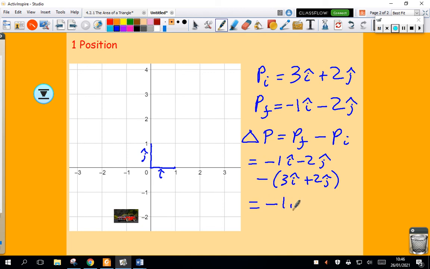So I've got -1 i hat minus 2 j hat, subtracting the 3 i hat and subtracting the 2 j hat will leave me with a change in position of, just like junior cert algebra, we combine like terms. -1 i hat subtract 3 i hat is going to be -4 i hat. -2 j hat subtract 2 j hat is -4 j hat.